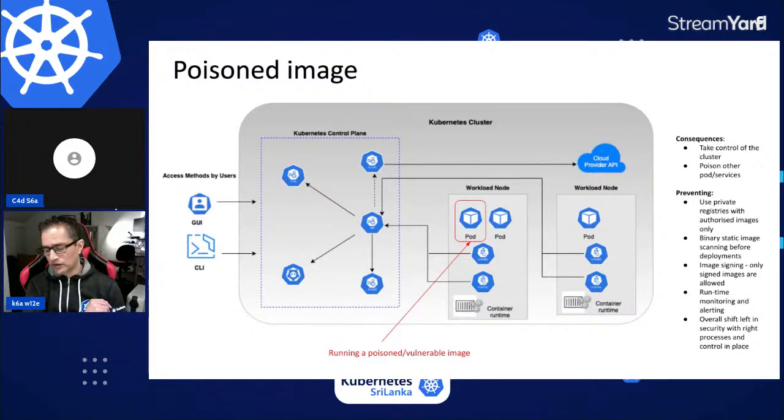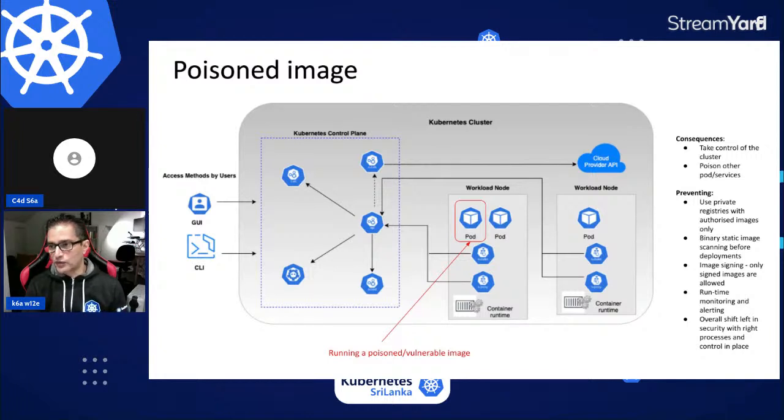Cisco Sysdig Falco allows you to do that, and there are other tools like Aqua Sec, NeuVector, and Twistlock that allow you to monitor at runtime as well. And monitoring isn't enough, so you have to have alerting and also action behind the alert.